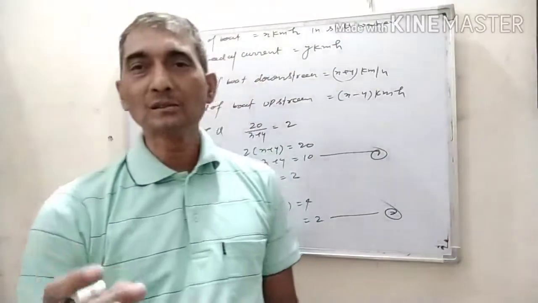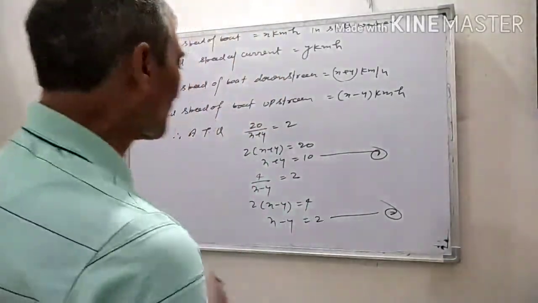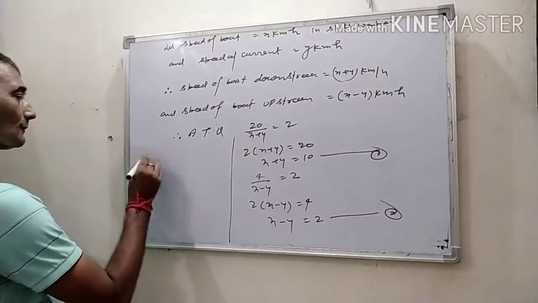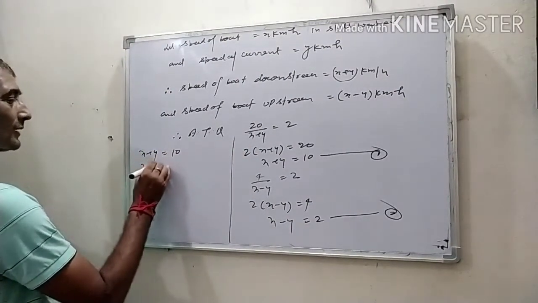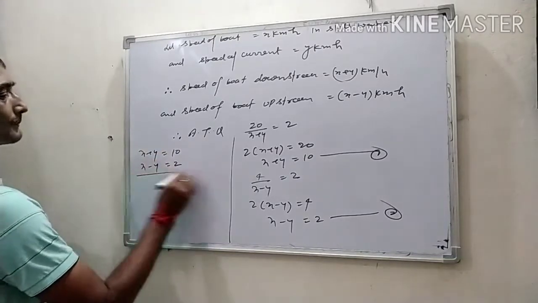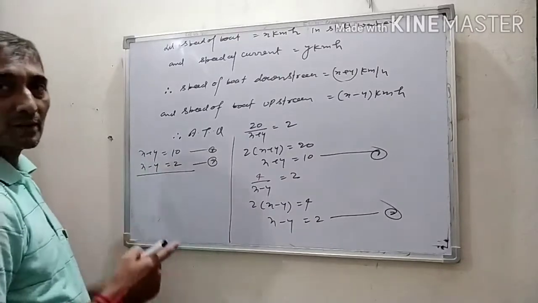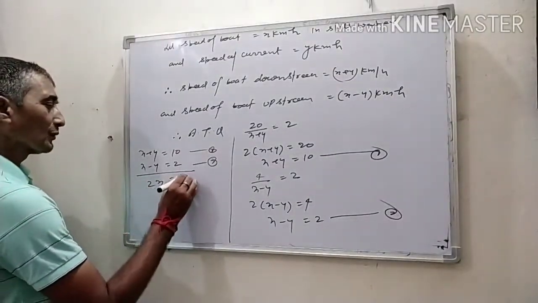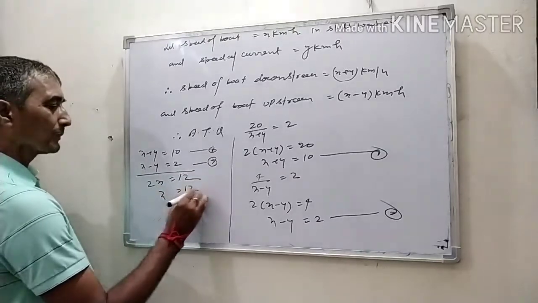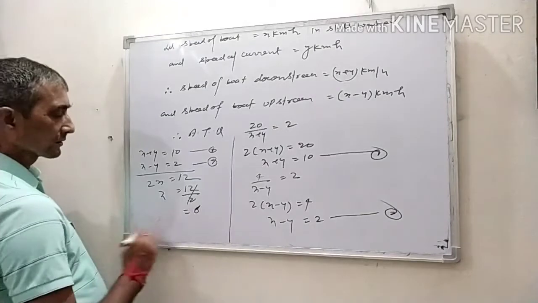You generated equation number 1 and 2. Now we will solve it. x plus y equal to 10 and x minus y equal to 2. Adding them, y will be cancelled. 2x equal to 12, x is equal to 12 by 2, that is 6.